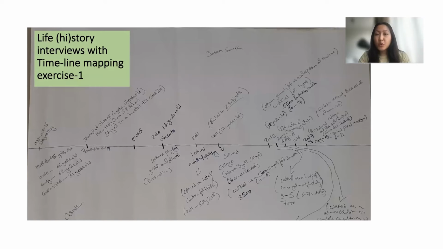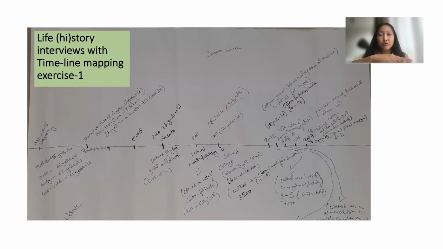So this is one form of timeline mapping exercise, also known as the horizontal timeline mapping exercise, meaning the research participant chooses to provide the information and sketch it on the paper where they fill in their information.